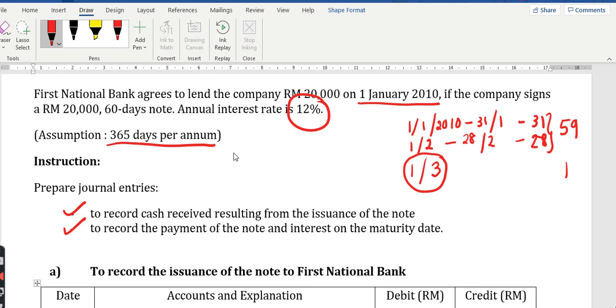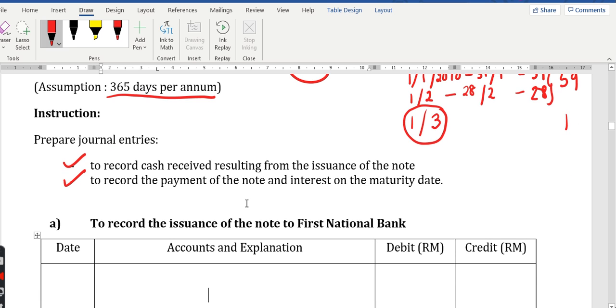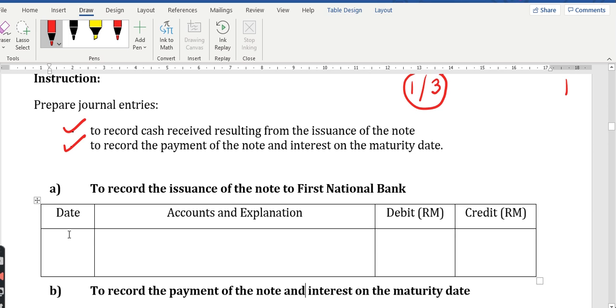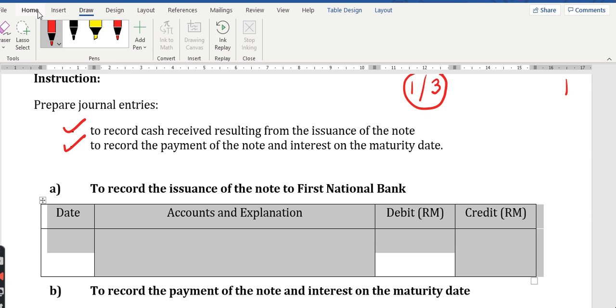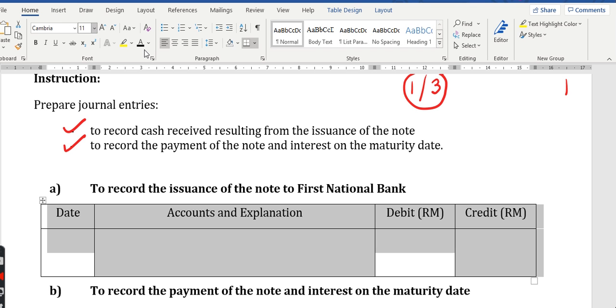So how do we record the issuance of the notes payable? The date for the issuance is on the 1st of January. On 1st of January, I receive money upon the issuance of the notes payable, so I will debit, it's either cash or bank, with the amount of 20,000.